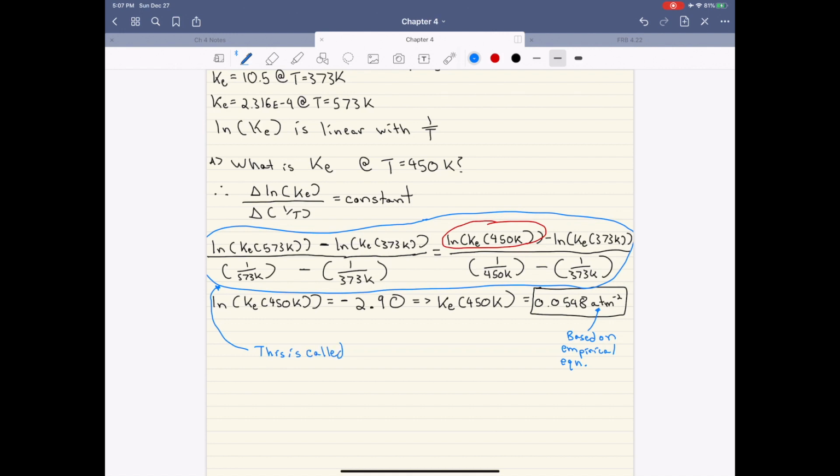And whenever you're dealing with tables of data and you're trying to find the value of some sort of parameter, but the table doesn't give you the specific temperatures that you want, a lot of times you're just going to have to interpolate the value in order to figure out what that parameter is. So that was for part A of the problem.